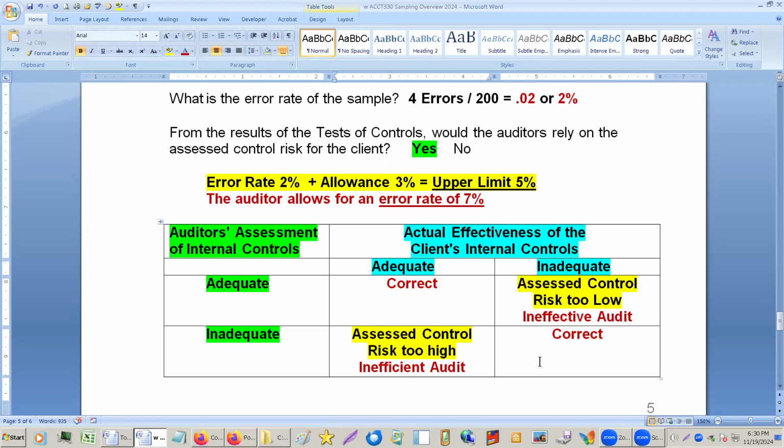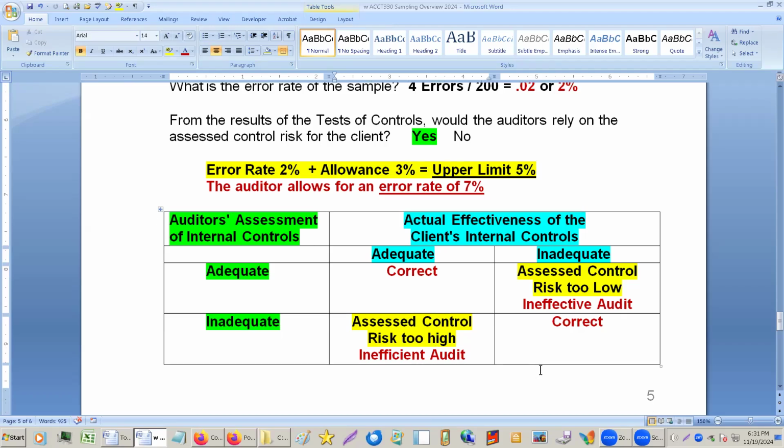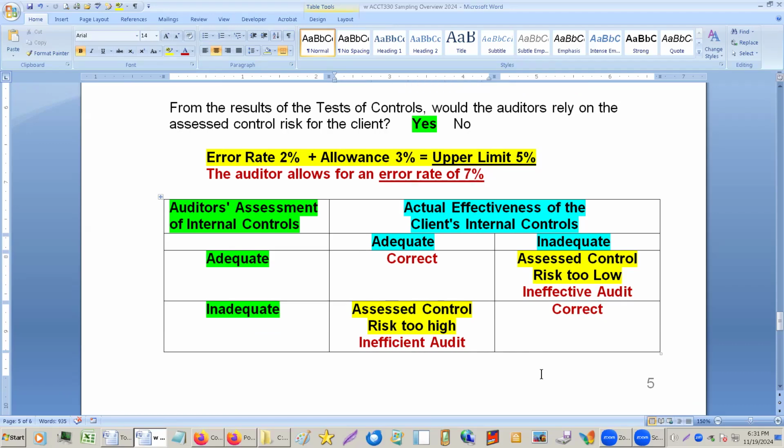Which one's more dangerous for an auditor? Too low? Yes, because you should be doing more testing, right? These are inadequate controls. You should be doing more testing, but you don't know that. You think everything is okay when it's actually not.